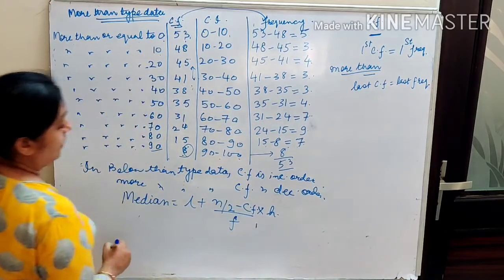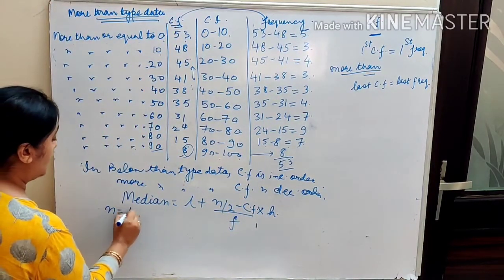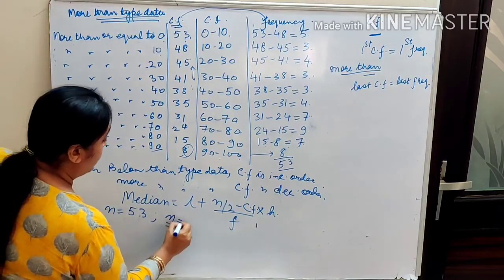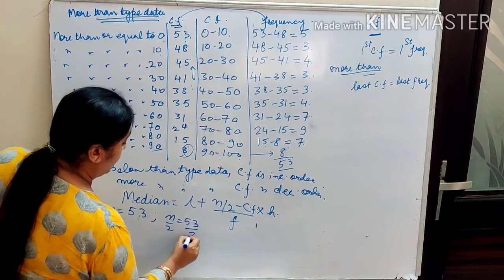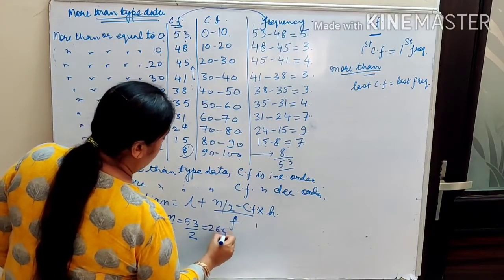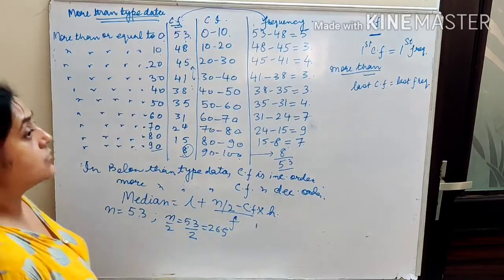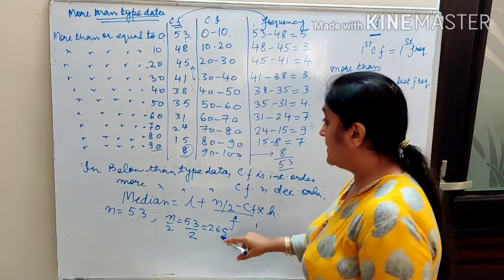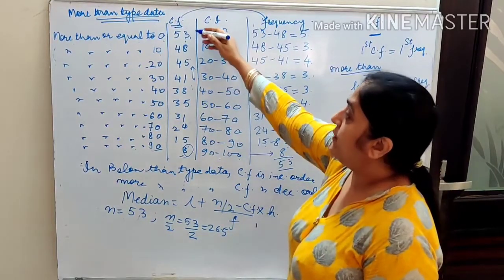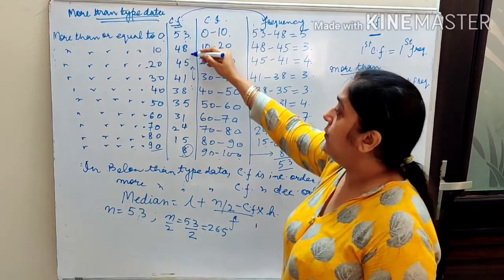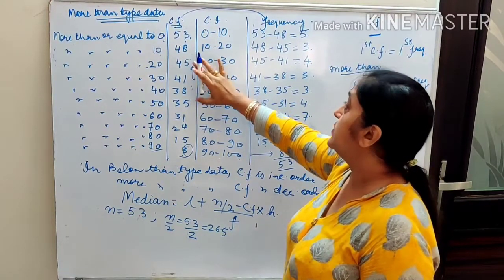Right? So what is n here? n here is 53. So n by 2 will be 53 upon 2, that comes out to be 26.5. Right? So first of all, for finding out median, we need to know the median class. Now look for 26.5 in the cumulative frequency distribution table.